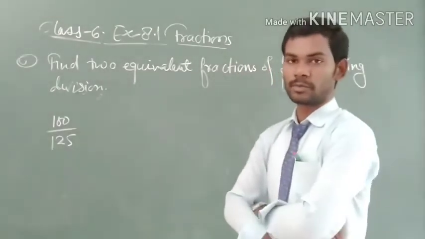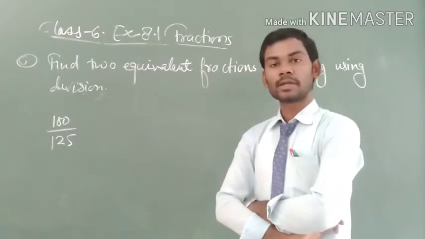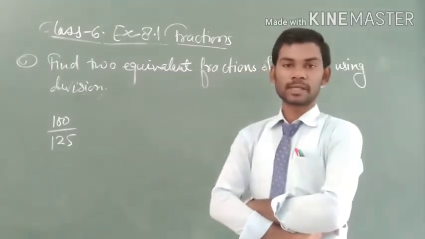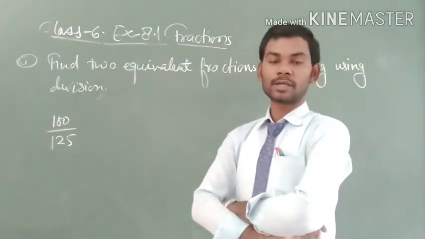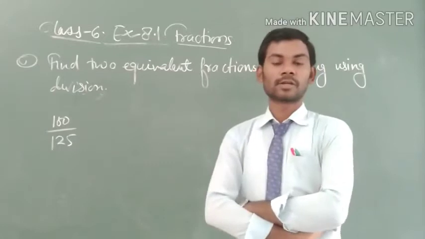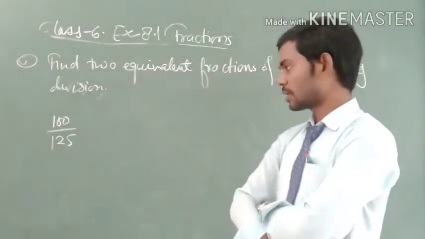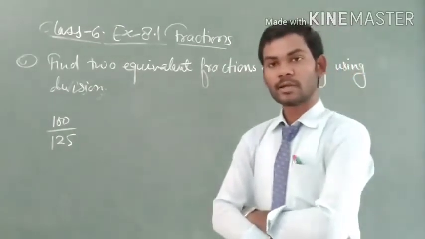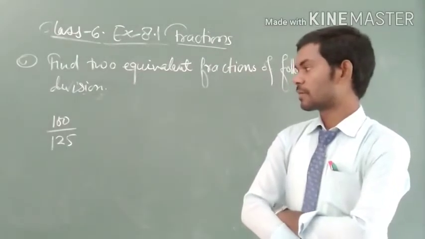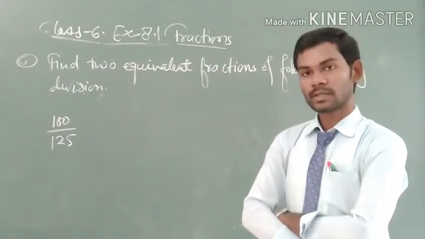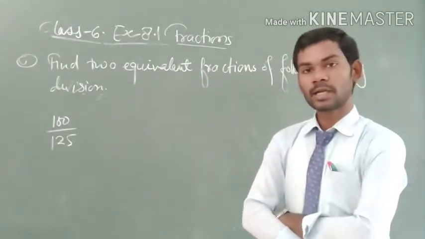In the same way, here we divide the numerator and denominator by the same number to get our required result. So let's divide the numerator and denominator of this given fraction. Just tell me by which number, if we divide both, we get the result.